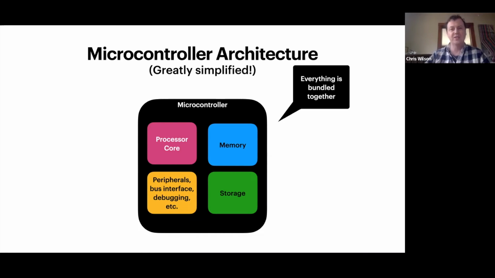The overall thing to note is it takes all of the parts of a computer that make it work and bundles them all together for the most part in one chip. So you have a processor, you have the memory, it has storage, and then it has various peripherals for talking to, either internal peripherals or interfaces for going out over the wire and talking to some other chip, like some of the serial protocols that I'll talk about.